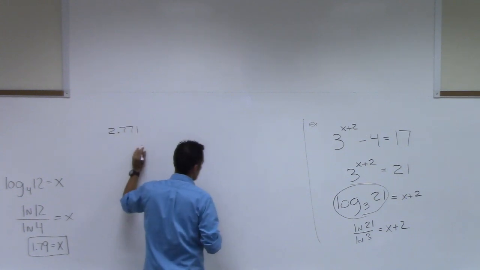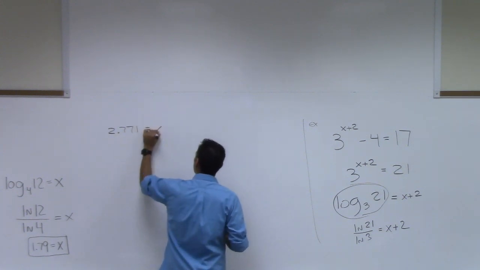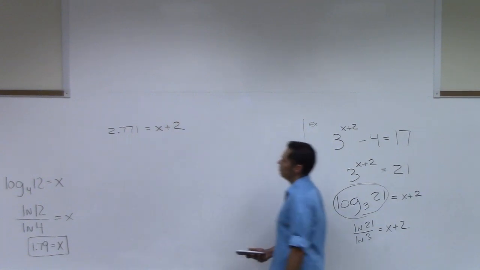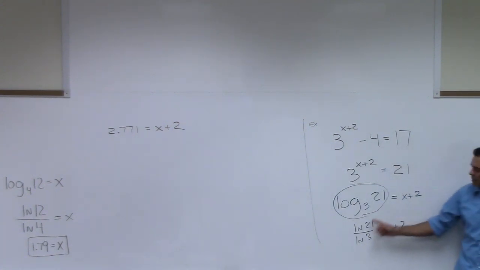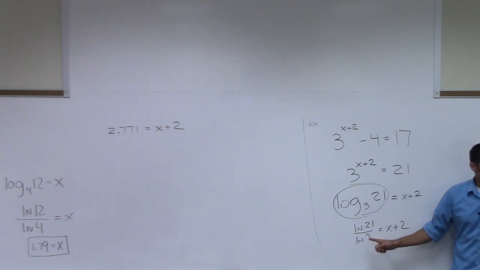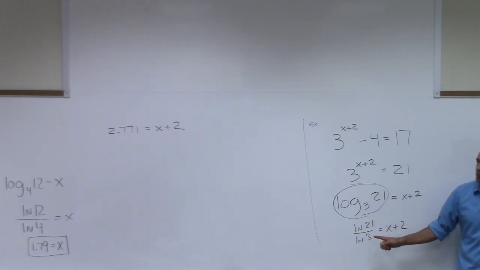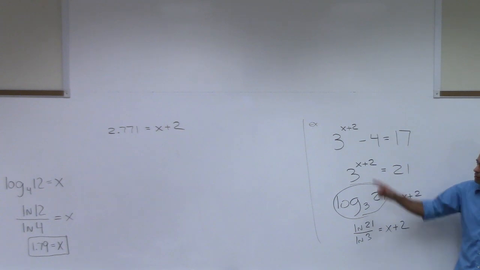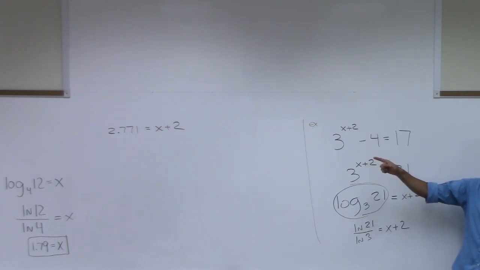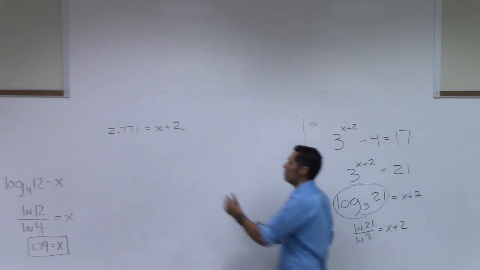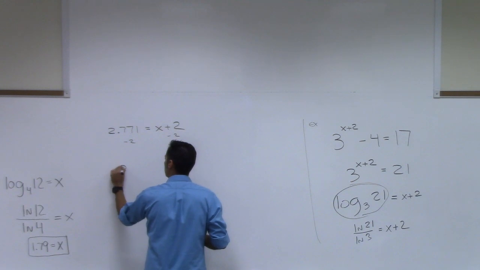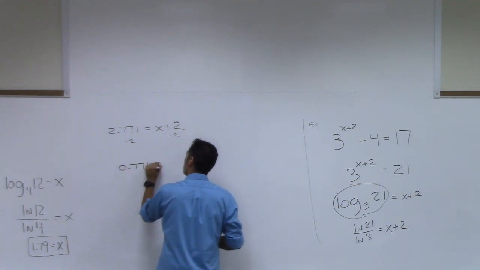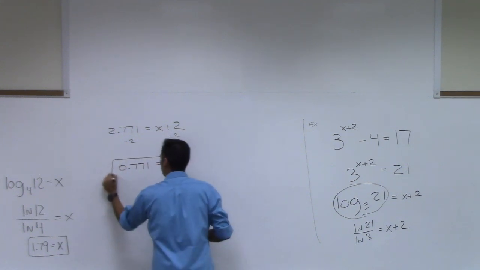I'll go 3 decimal places. All right, so there's my left side. Are we done? No, we haven't solved for x. We almost have x. To get x by itself right now, what do we need to do? Subtract 2 on both sides. So subtract 2 here, and when you do that, you get your final answer, 0.771 equals x. And that is it.